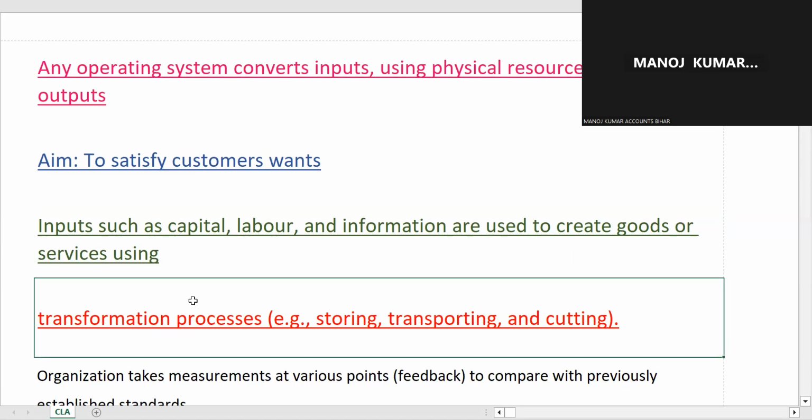Transformation processes. Transformation processes are like storing, transporting, cutting. Even a barber shop's cutting is also a transformation process, okay. In different industries, the transformation process will be different.